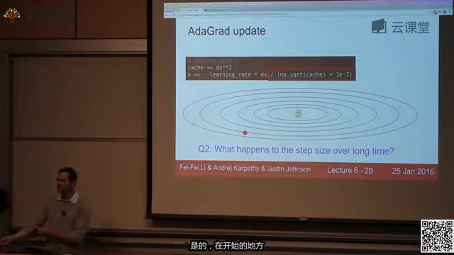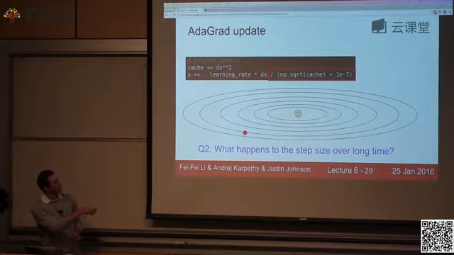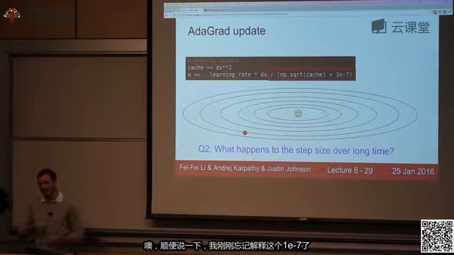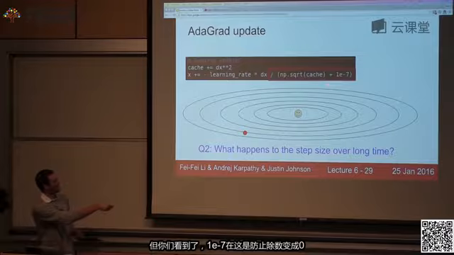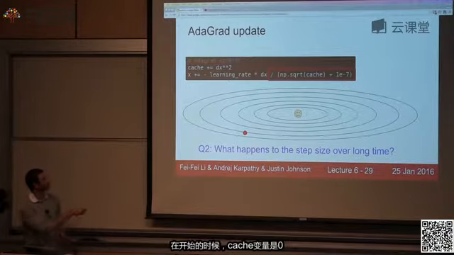Go ahead. In this Adagrad / RMSprop, why do we still need the learning rate, because you have a scaling parameter on the weights anyway, right? By the way, I skipped over this explanation of 1e-7, but you can hopefully see that it's there just to prevent a division by 0. It's a smoothing factor, a hyperparameter. Usually we set it to 1e-5, 6, or 7 or something like that. In the beginning, your cache is 0.